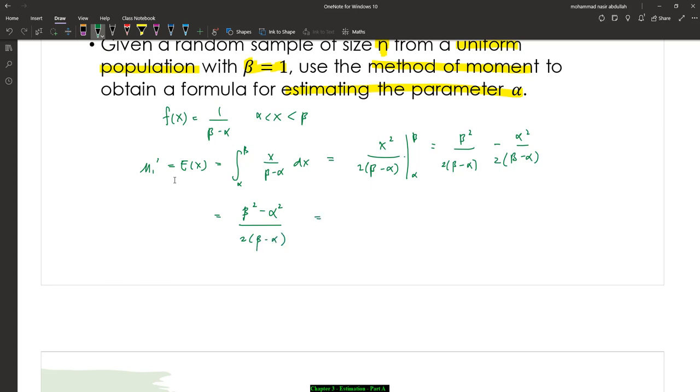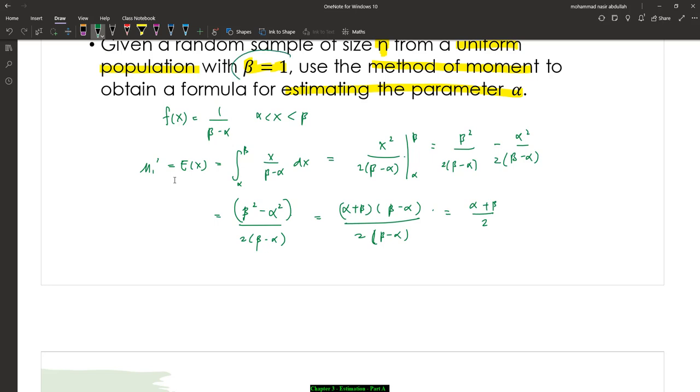So if you expand this equation, kalau kita factorize kan, this equation should be alpha plus beta, beta minus alpha divided by 2 beta minus alpha. So this one should be alpha plus beta divided by 2.